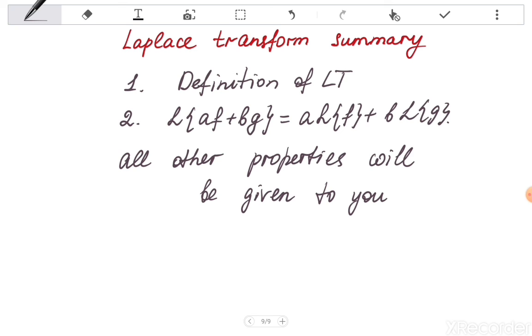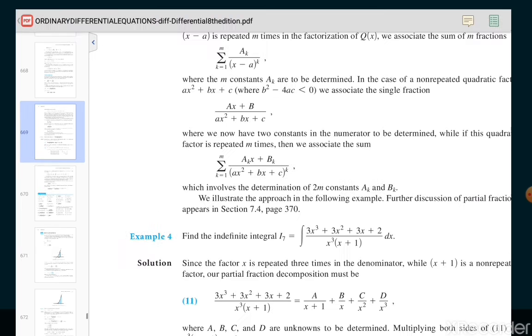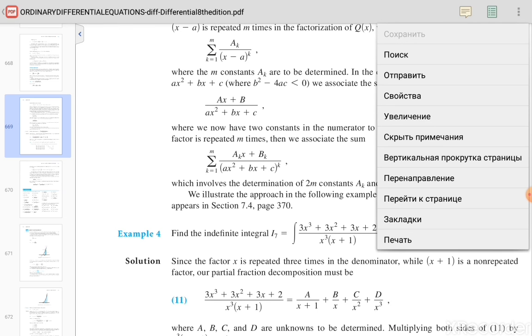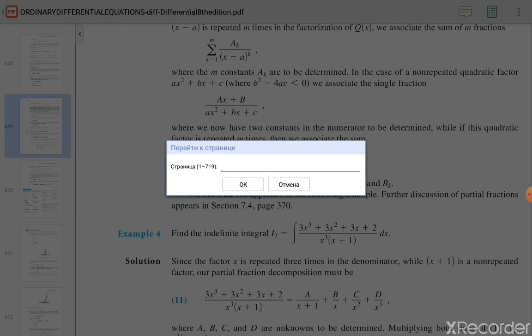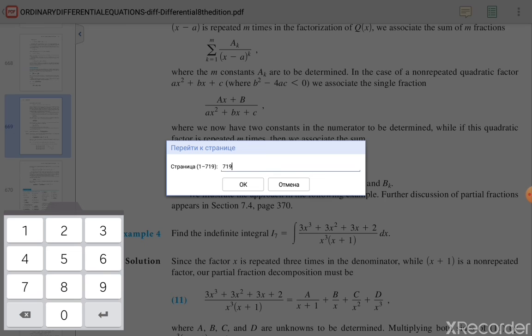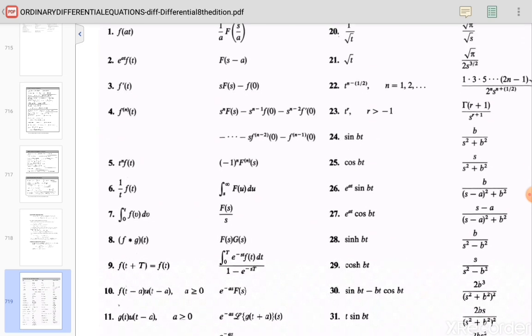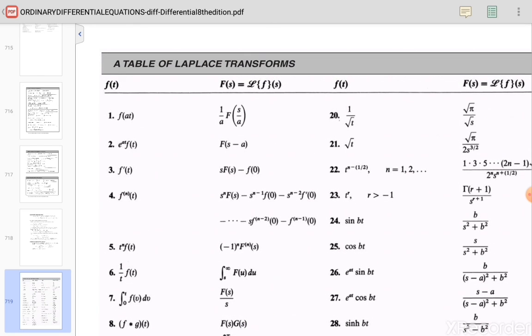And let me show you which table will be given to you on the final exam. So you open the book and you go to the final page of this book. So this is 719. So exactly this table will be given. So you see, the first column and the third column of this table are some functions, and the second and the fourth columns are Laplace transforms of these corresponding functions.